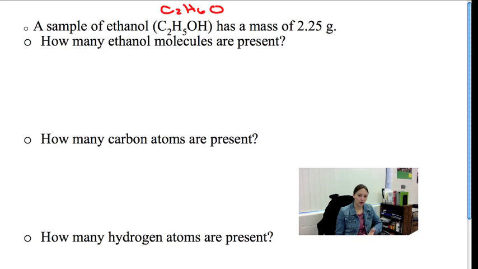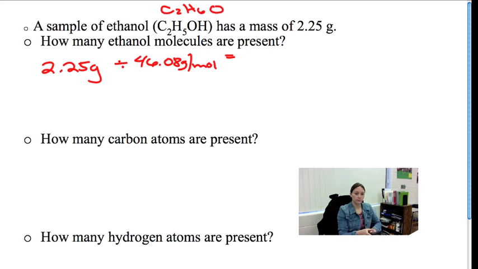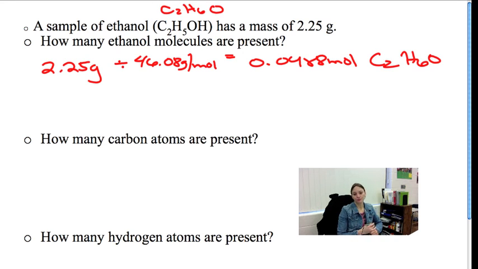So how many ethanol molecules are present? So that's when we take 2.25 grams divide by your molar mass. So I take 2 times carbon, 6 times hydrogen, plus an oxygen, and I will get 46.08. Then when I get that number of moles, it's 0.0488 moles of C2H6O.